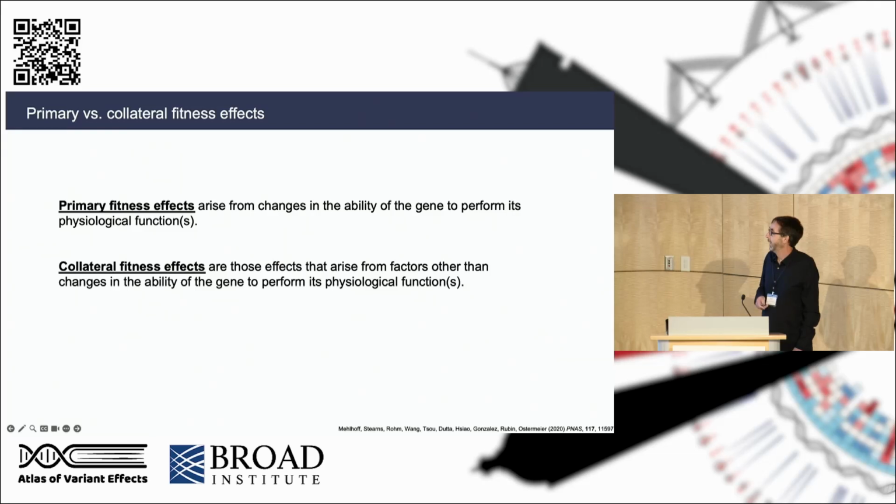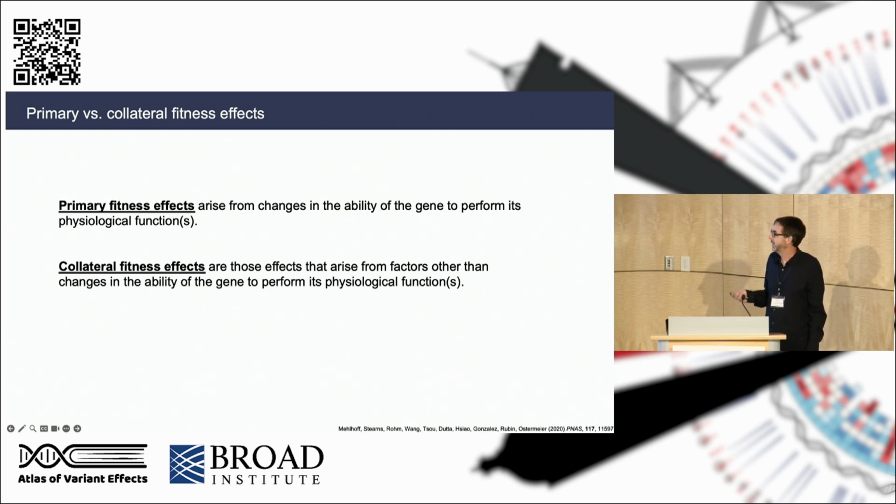So what we've proposed is that it's useful to delineate between primary fitness effects, those effects that arise from the ability of the gene to perform its physiological function, and collateral fitness effects, which are those effects that arise from factors other than changes in the ability of the gene to perform its physiological function.